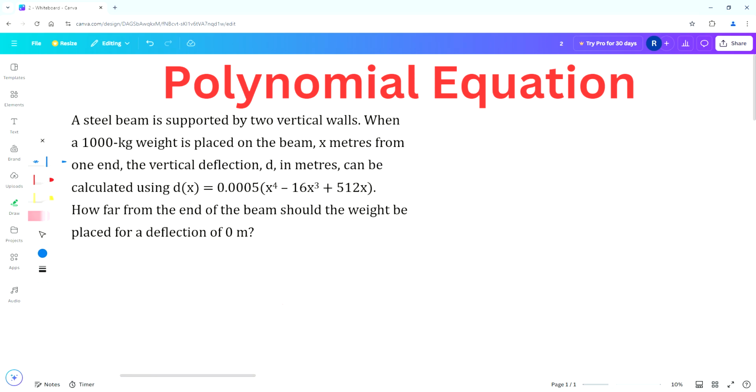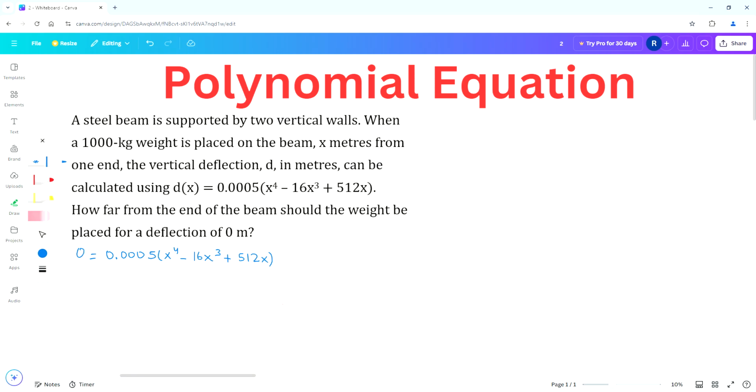So the first step is to sub in d(x) as 0 on the left side of the equation. We have to solve this equation.